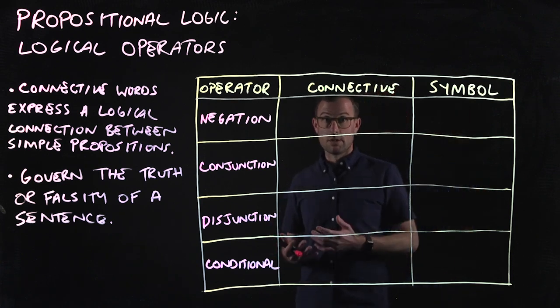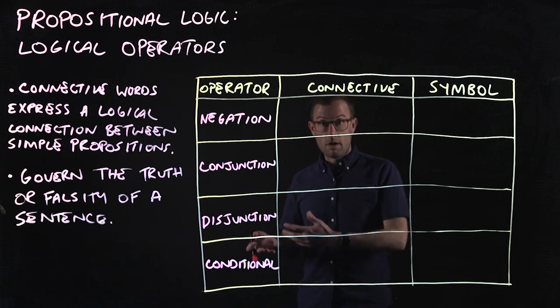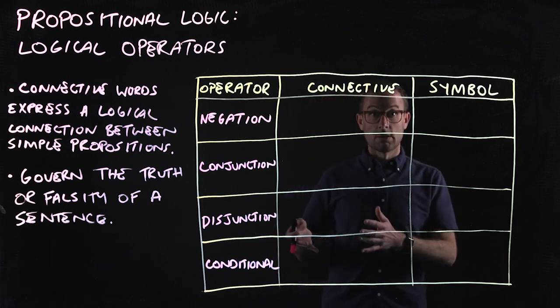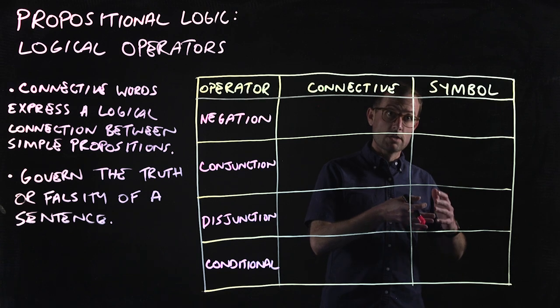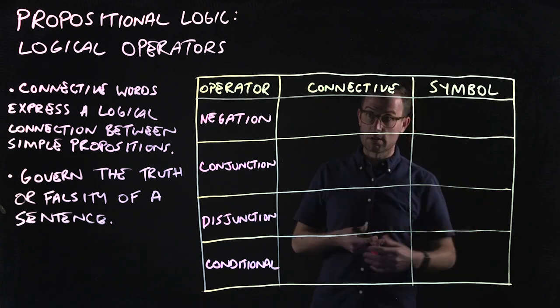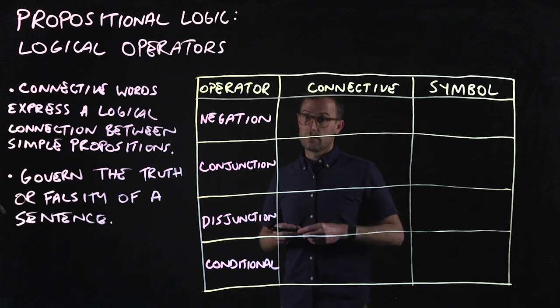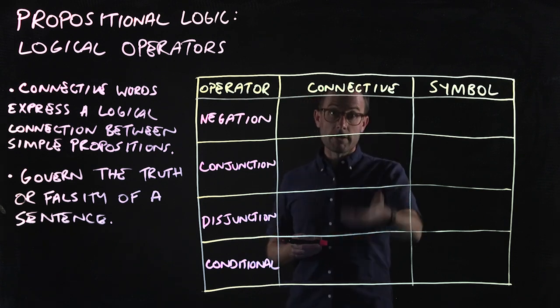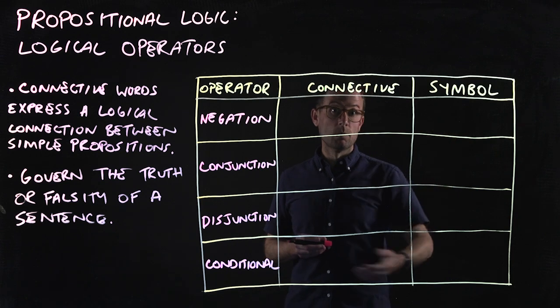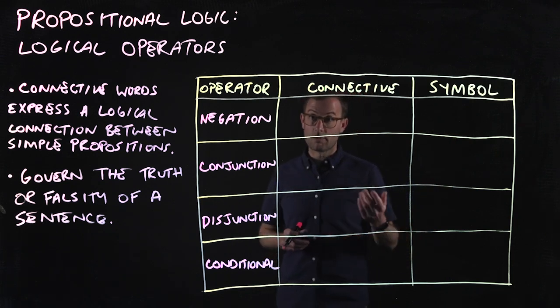And there's going to be a whole art of doing the translation from the natural language counterpart to the symbolic or propositional forms using the symbols, okay? So we need to start with then the operators themselves, how they're expressed in natural language, and how we will symbolize them, okay, using different symbols.